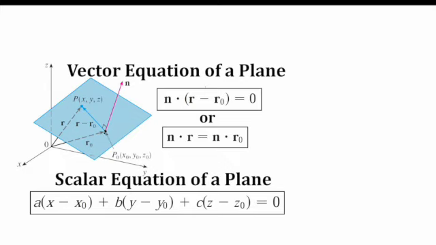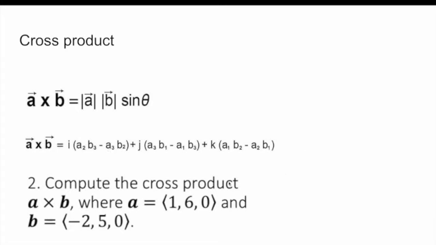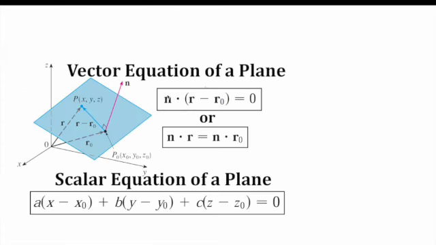So if someone tells you the plane is parallel to 1, 1, 1 and 2, 1, 3, you just do 1, 1, 1 cross 2, 1, 3 using this cross product formula to find n. r0 is just any arbitrary point on the plane, so if someone tells you the point 1, 1, 1 is on the plane, then r0 is that point. Once you have that, you take the dot product of these two to get the scalar equation of a plane, which looks like this. I know this might be a bit tricky, so I'll walk you through how to do that in the next step.